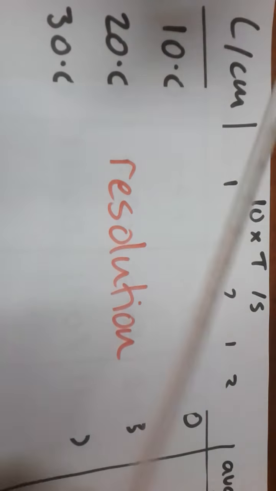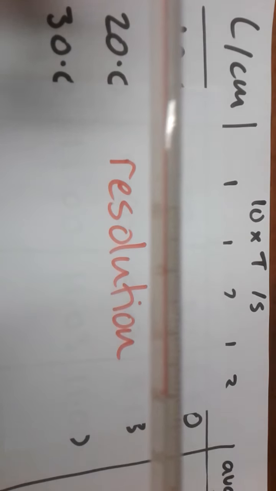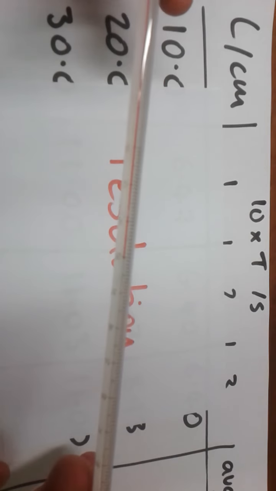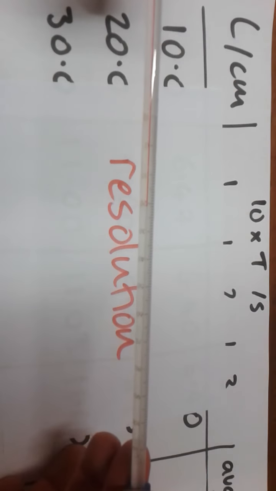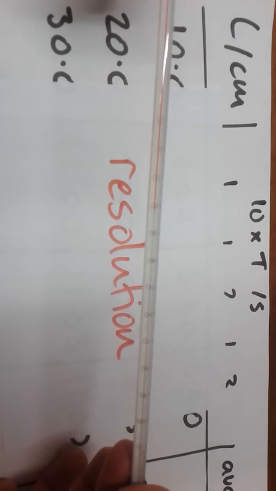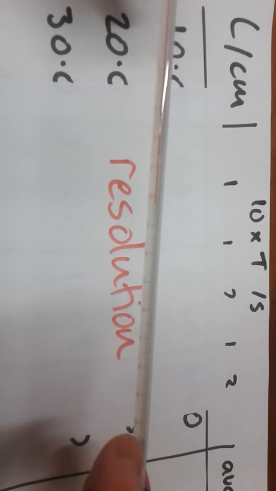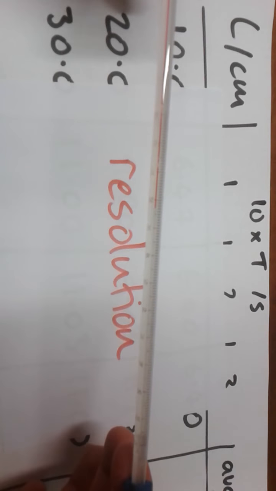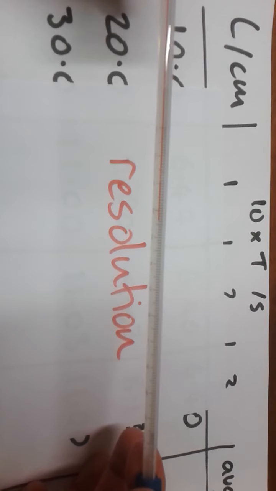Here I've got a thermometer, which is totally unrelated to this experiment, but it will hopefully help illustrate the idea. It's not very well focused. However, hopefully you can see that this is graduated here in 10 degrees Celsius on the big scale, and each one of those is divided up into 10. So each one of these small graduations is 1 degree Celsius.